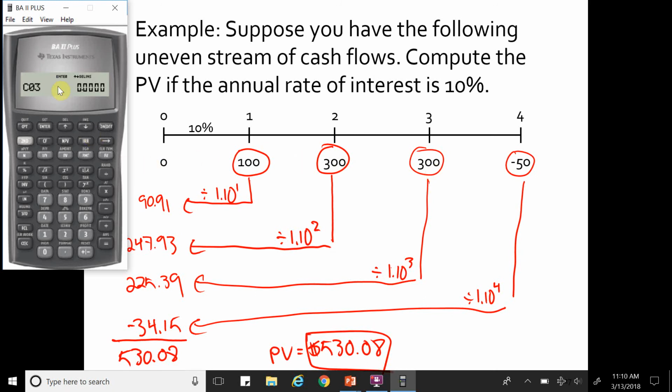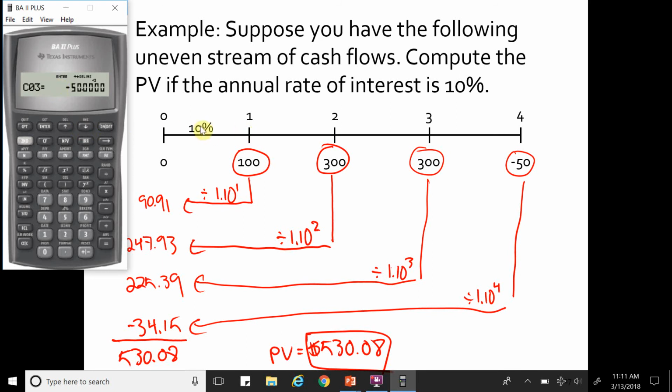So now it asks for C03, and we would type in our negative $50 cash flow. So we type in 50 negative and hit enter. Realize there's a little bit of a mismatch in this being C03 and this being our cash flow at time 4, because what we did previously told our financial calculator that the $300 cash flow happened for 2 consecutive years.